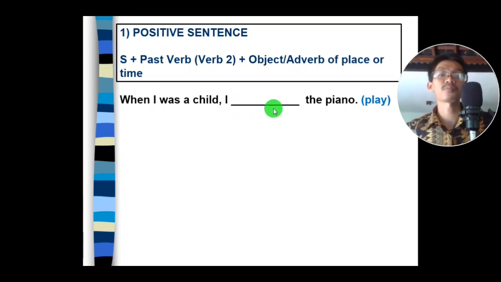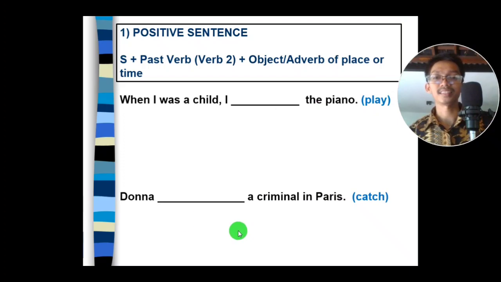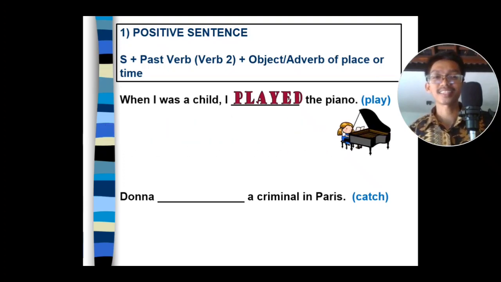So what is the past tense verb of play? And then the second one, Donna blank a criminal in Paris, and verb 1 is catch. So what are the verbs 2? First one, played. What about the second one? You still remember? Yeah, caught.